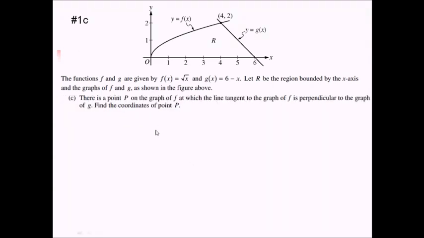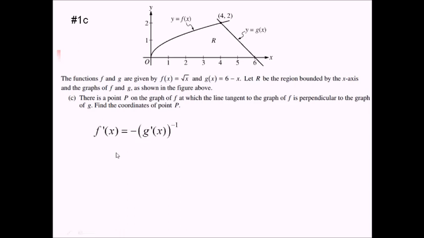For this last part of the problem, they're telling us there's a point P on the graph of f, at which the line tangent to the graph of f is perpendicular to the graph of g. They want us to find the coordinates of this. All right, well, if we have a point where the line tangent is perpendicular to the graph of g, basically what we're saying is there's some place P where f prime and g prime are opposite reciprocals.